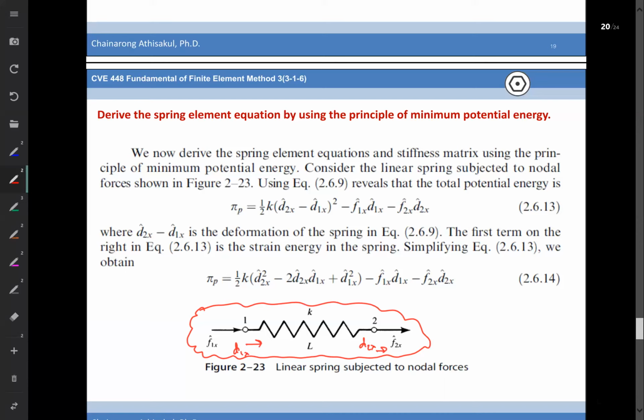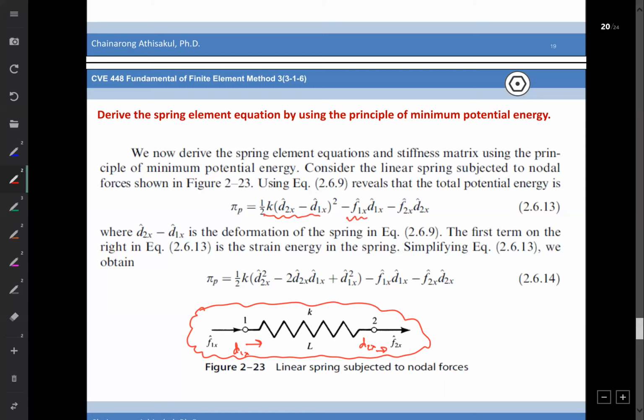Okay, so the deformation of the spring due to the nodal displacements d2x and d1x is equal to d2x minus d1x. According to that, when we substitute into the potential energy equation, this is the term of strain energy.